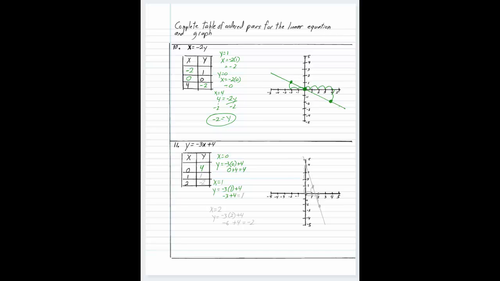Alright, well, we like to graph, but this time they didn't give us numbers to plug in. So we're going to plug in our own numbers. The numbers I like to use are x equals 0 and x equals 1. Let's plug in and see what we get for y.